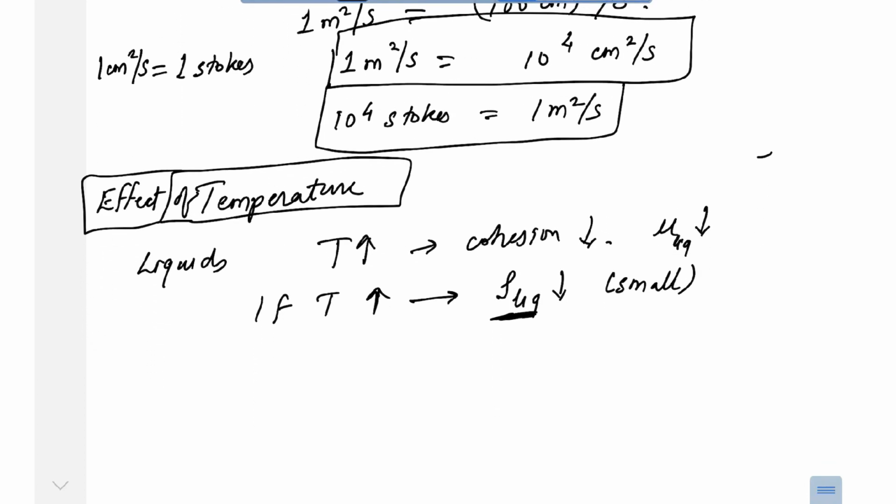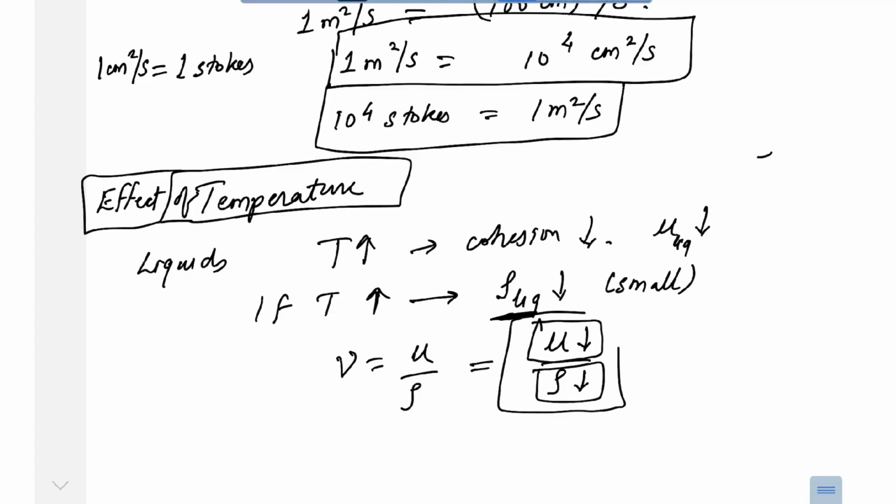You can say that the effect on nu, that is mu upon rho: the value of mu will decrease, but the value of rho will also decrease, but this decrease will be smaller, hence the overall change on this ratio will be a decrease. But of course, as the denominator is also decreasing, the decrease in nu will be less as compared to the decrease in mu.